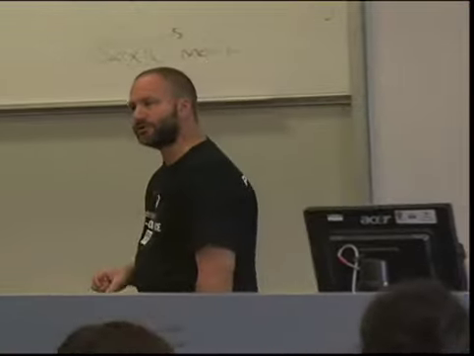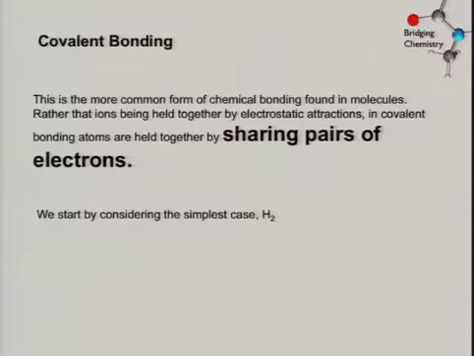Okay. So ionic bonds are kind of interesting so long as you're talking about an ionic solid. But the vast majority of the interesting molecules in the world aren't ionic solids. And so in those cases, we have a different sort of bonding, which is called covalent bonding. And covalent bonds are quite different because unlike in an ionic bond where the attractive interaction between the two ions comes from the electrostatic attraction between the charges, in a covalent bond, we're not necessarily talking about ions at all.